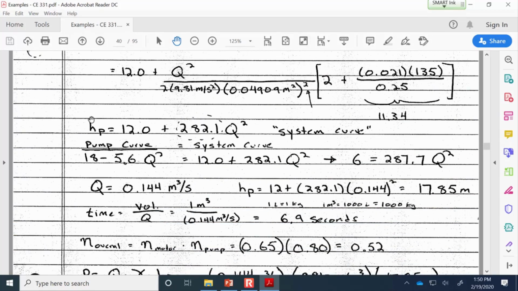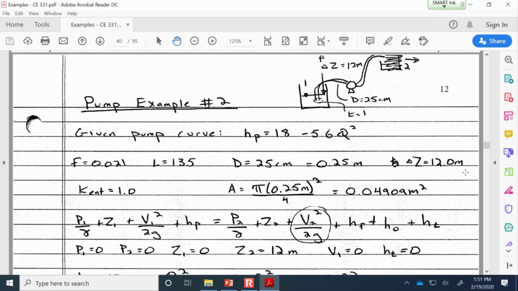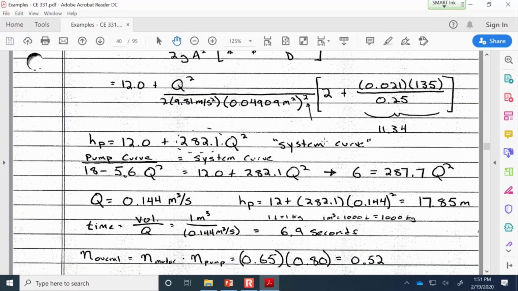So, this system curve that we came up with, the 12 is the elevation difference, and then plus the other stuff is all the other energy that's required for both the velocity head, the friction losses and the local losses. So I could have substituted this Q, the flow rate, here, I could have also substituted it into this equation to find out what pump head is required.